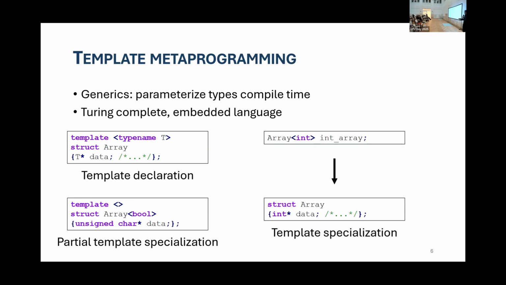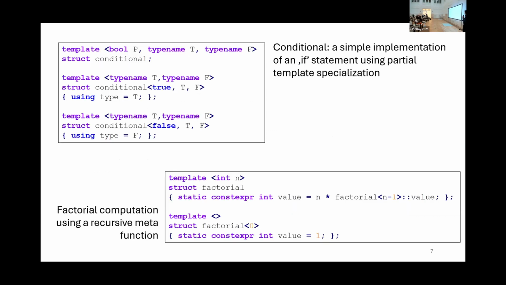The unintended use of this language feature is that with the use of partial template specialization, where we could specify what kind of implementation we want for a specific template argument, we could do arbitrary computation during compile time. With the simple example, it takes a predicate and two types. If the predicate is true, it returns the first type, and when the predicate is false, it will return the second type.